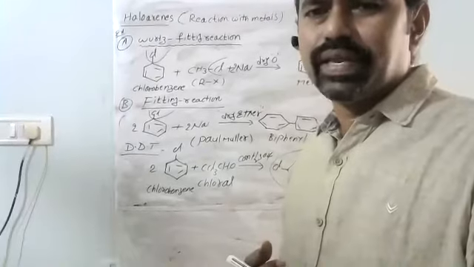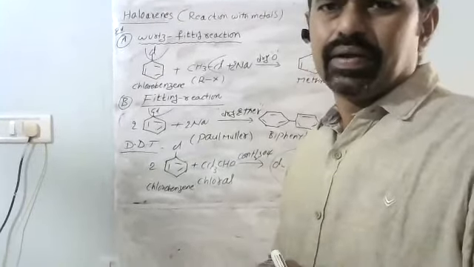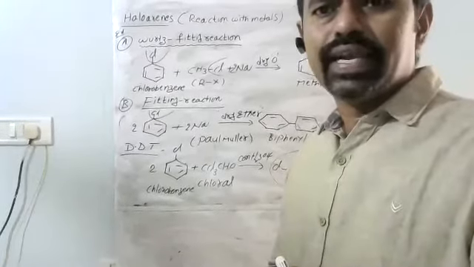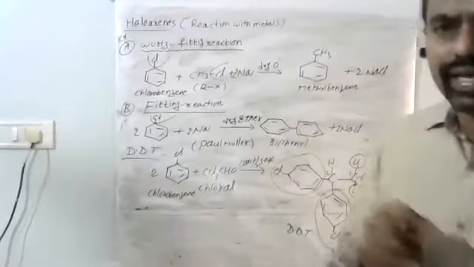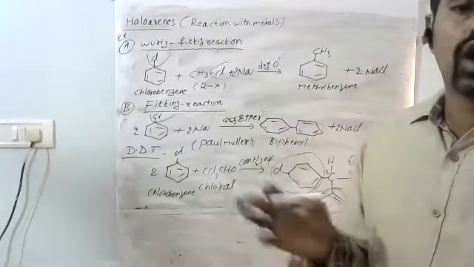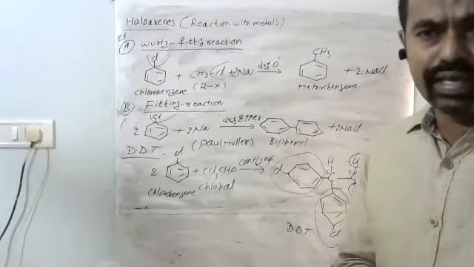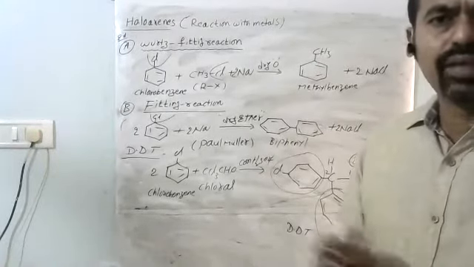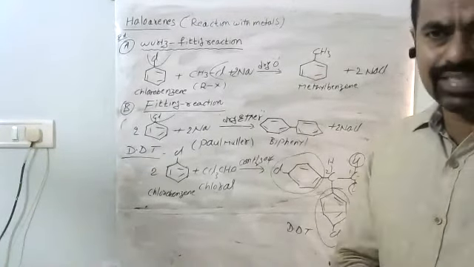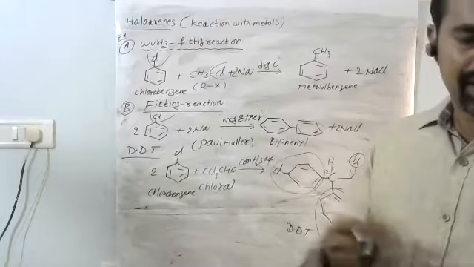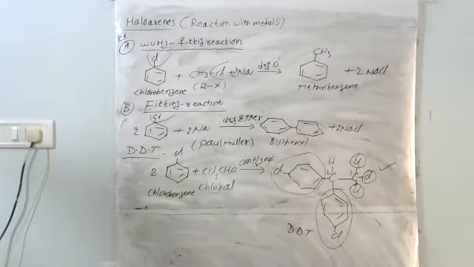Non-biodegradable means these are not decomposed easily. Those easily decomposed by environmental forces are called biodegradable, and those not decomposed are called non-biodegradable. So DDT is used as an insecticide, but at the same time, indirectly, it pollutes the environment.